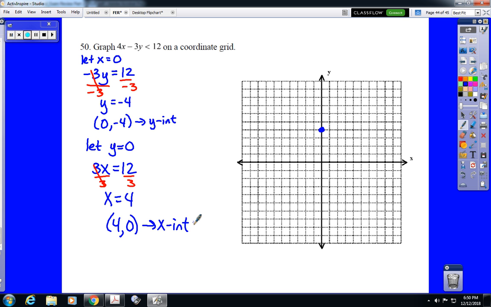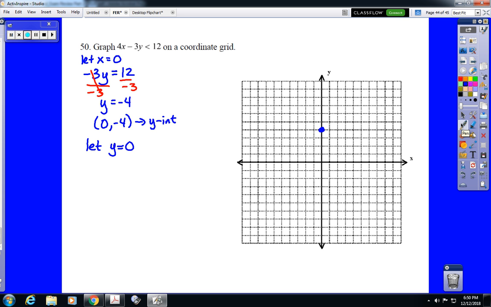So I graph the point 4, 0. Something's wrong here. Oh, it should be 4x. Wow, let's go back and fix that, because that was a pretty dumb thing to do. When x equals 0, let's step back and fix that, because I screwed it up pretty royally.